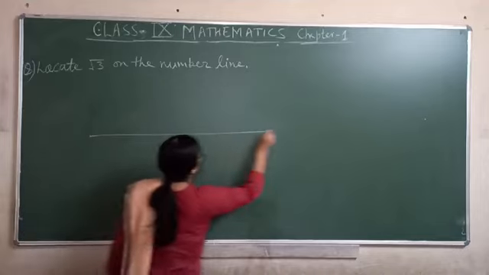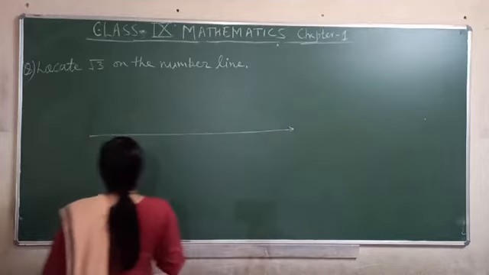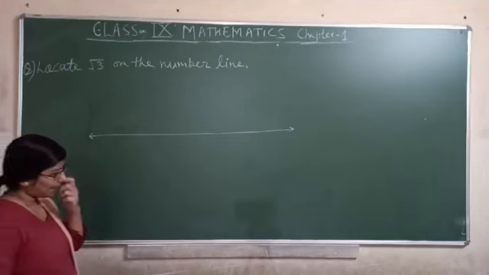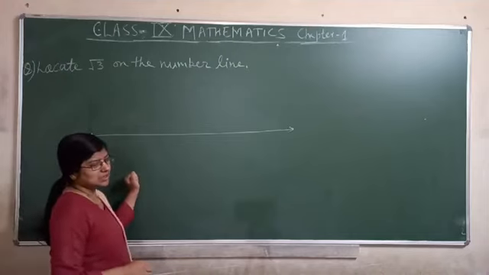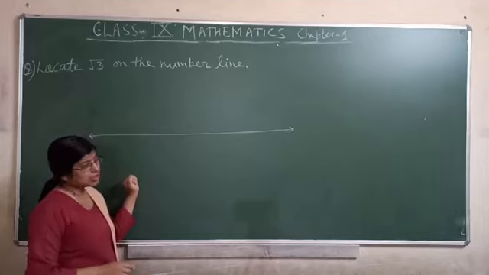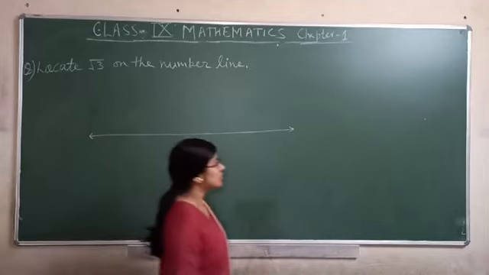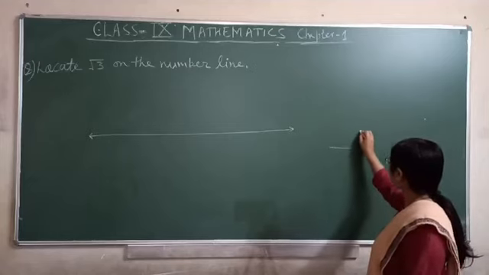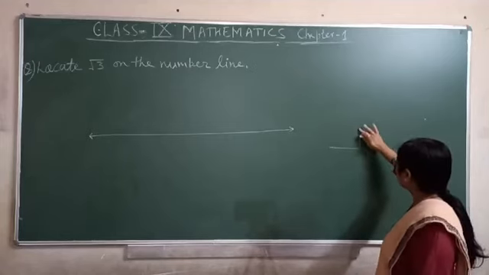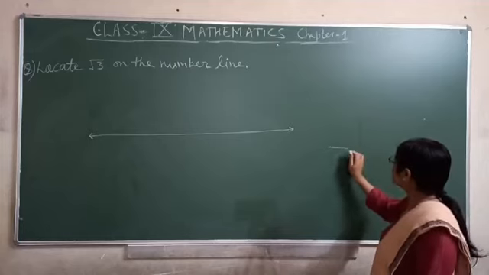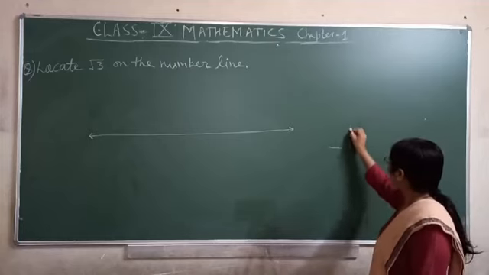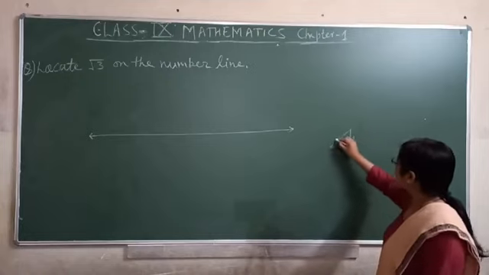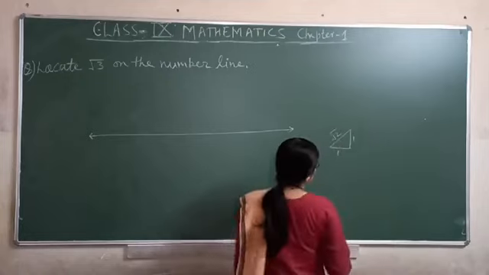Okay, so this is your number line. We need root 3 on the number line. So just look, if you have a right angle triangle, when we draw root 2 on the number line, we make this one 1, this one 1, then you get this line root 2.